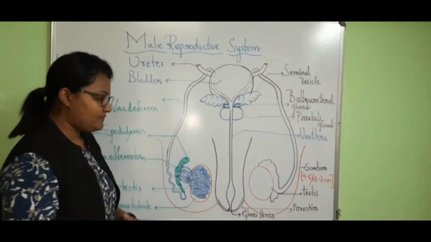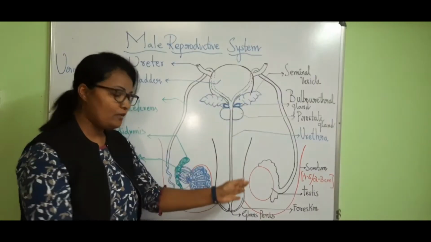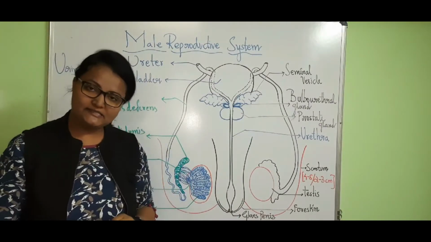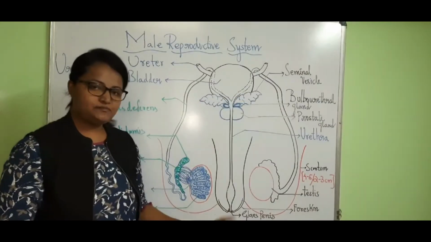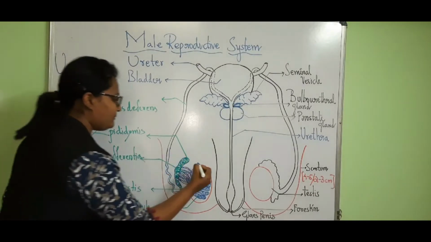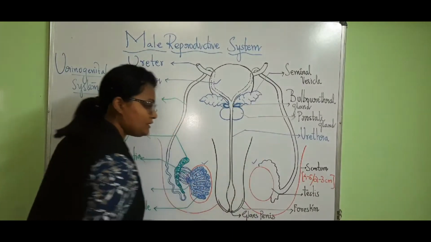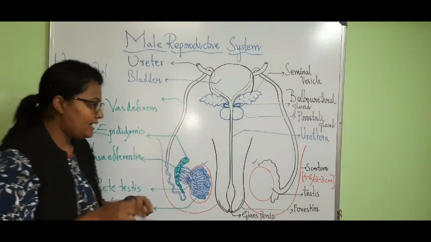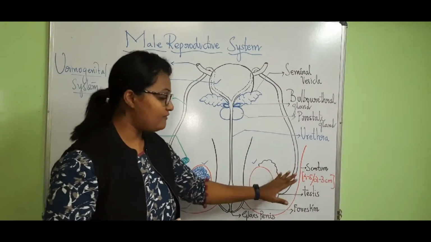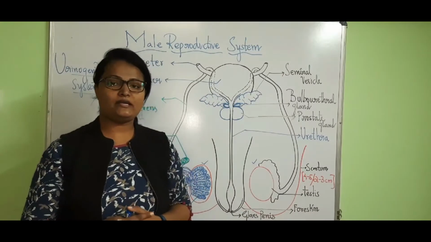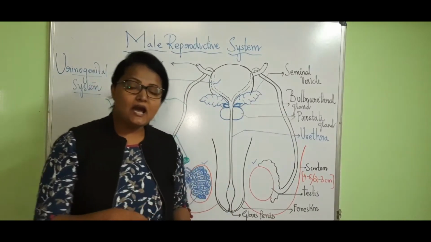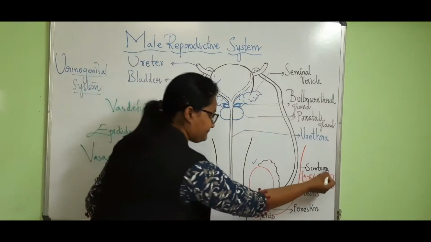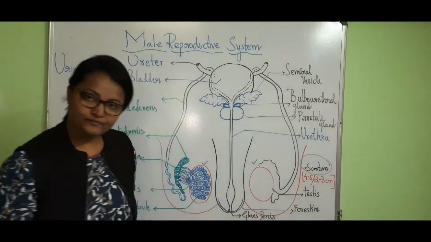We'll start with the primary sex organ. We already know the male reproductive system consists of a pair of primary sex organs called testes. Before going into what they are made of, where are these testes located? This pair of testes is located in a pouch-like structure called the scrotum.